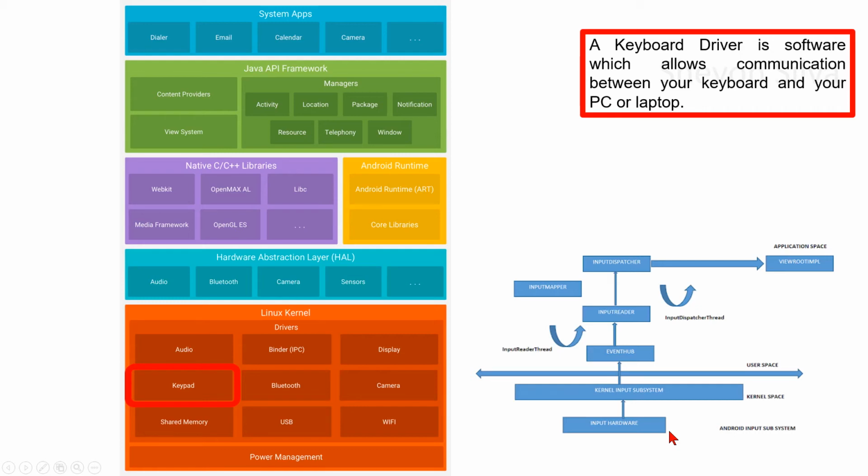The device firmware then encodes these signals and reports them to the system via USB HID or via the I2C bus. After receiving this signal, the Linux kernel decodes it through the device driver.